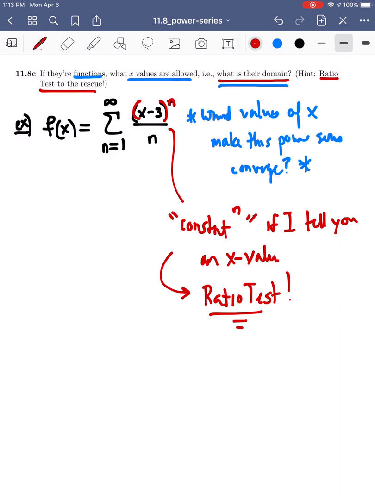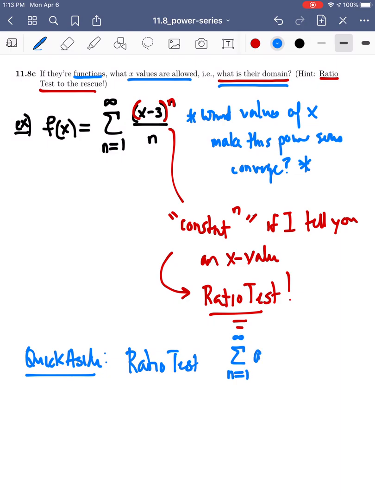So if you remember, as a quick aside, what ratio test was: if we're given a series, we would take the limit as n goes to infinity of the absolute value of the next term in the series divided by the current general nth term of the series.